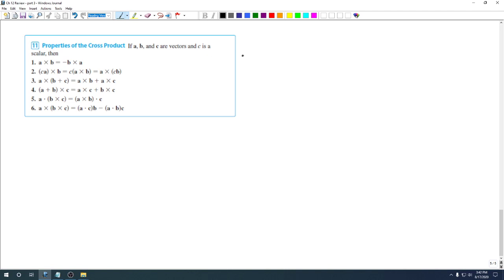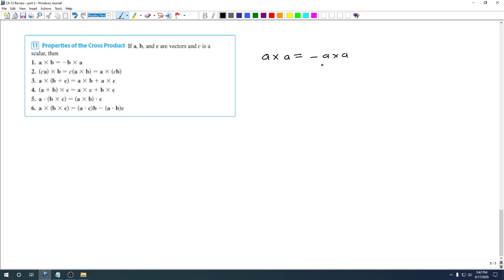Now, one thing that this doesn't say, and I kind of wish it did because it's pretty important: what is the cross product of a vector with itself? Well, remember, if we swap the order of the cross product, we get a minus sign. So if we swap A with A, which doesn't really change anything, we should still introduce a minus sign.